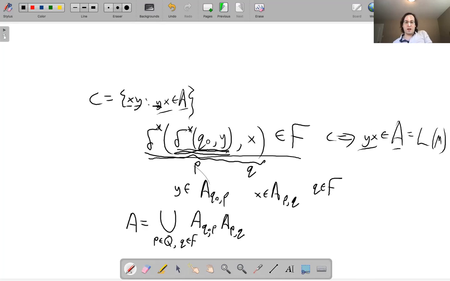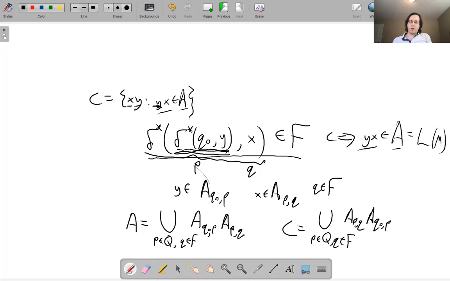And then from here, it's easy to see how to construct the language C of all XY instead of all YX. So C is going to be the union over P in Q and Q in F of A PQ concatenated with A Q0P.